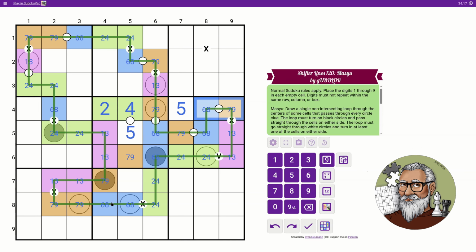Right, but I still don't know which is which. Do I? Doesn't look like it, does it? So how do I continue? How do I continue then?